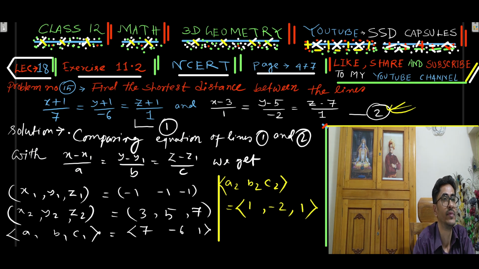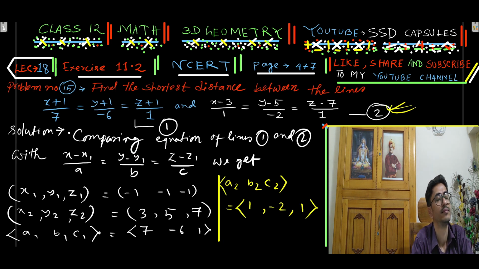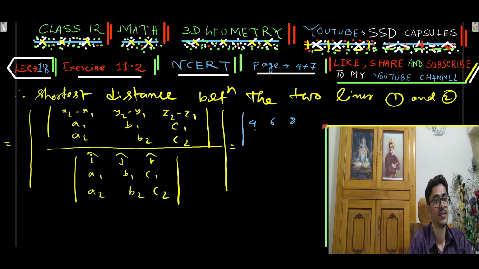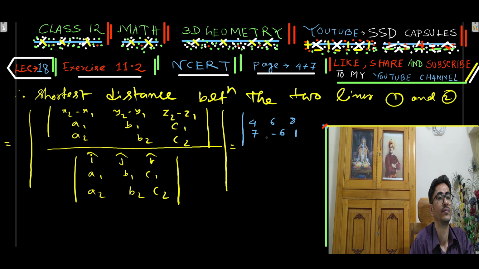This one is 8. So 4, 6, 8. What is a1, b1, c1? 7, minus 6, 1. And what is a2, b2, c2? 1, minus 2, 1. Good.